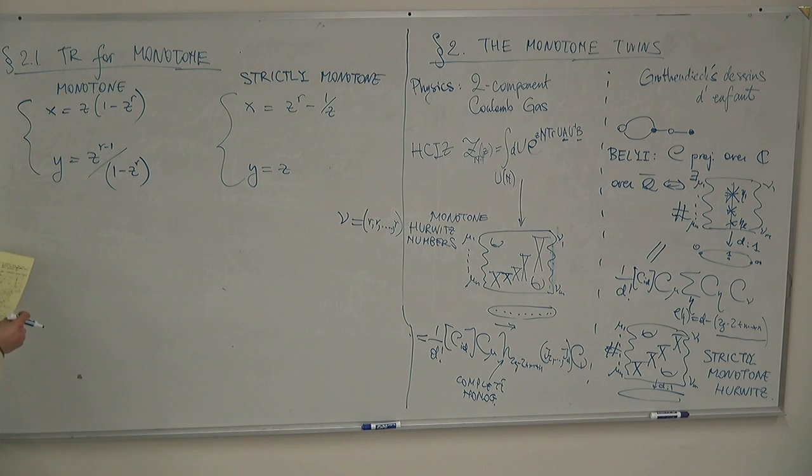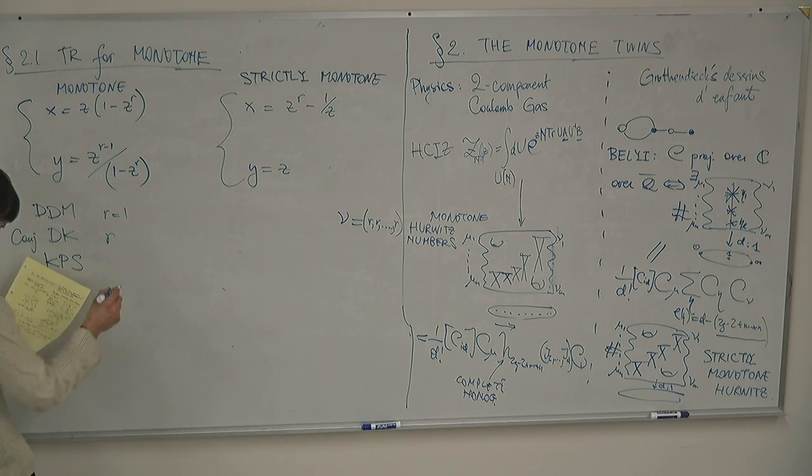So this one was proved by Dunin-Barkowski, Dyer, and Matthews for r equal to 1. And then it was conjectured by Do and Karev for arbitrary r. And then it was proved by Kramer, Popolitov, and Shadrin this year for arbitrary r. So they proved the conjecture of Do and Karev for arbitrary r.